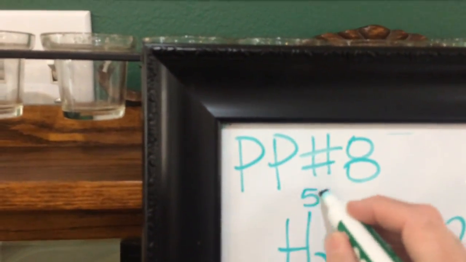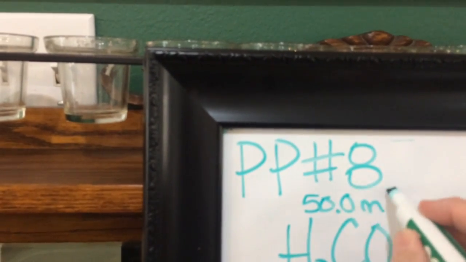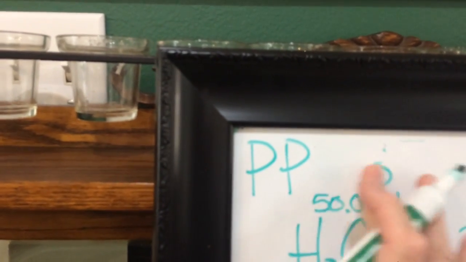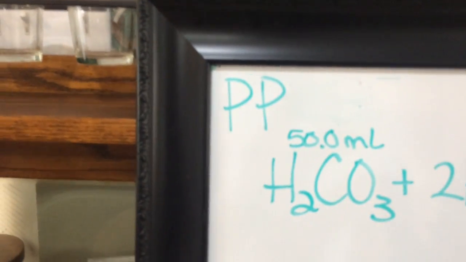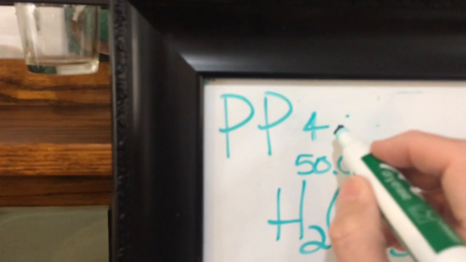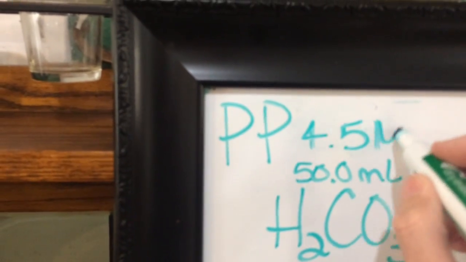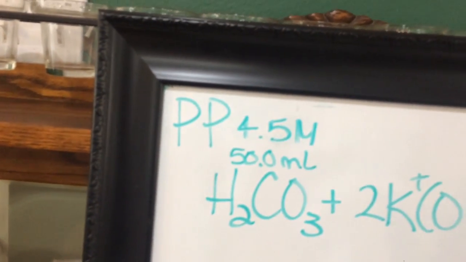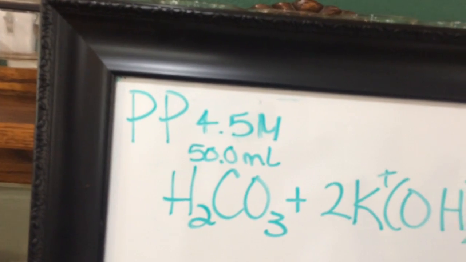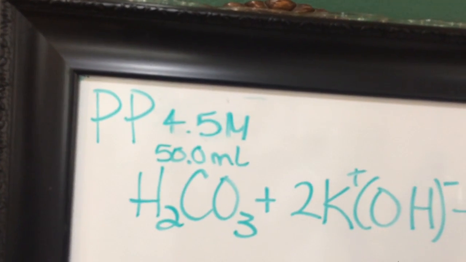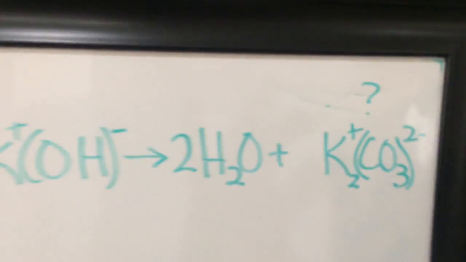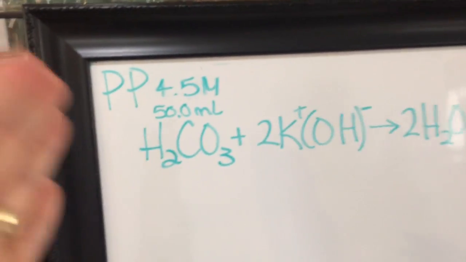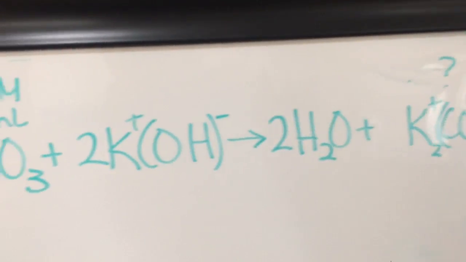So I have 50.0 milliliters, and it is 4.5 molarity. My question is, how many grams of potassium carbonate are produced? And that is this over here. So this is what I'm going to try to find out. I have this information and I'm going to try to get over there.